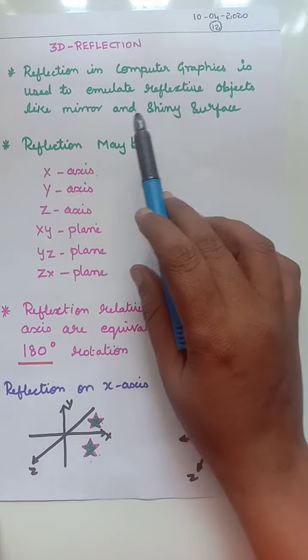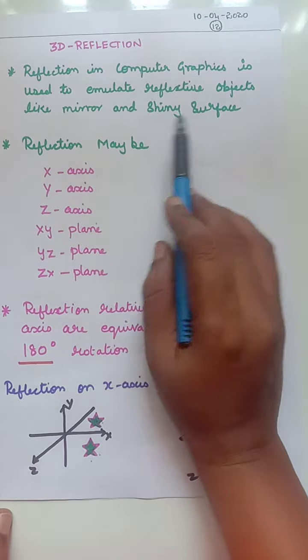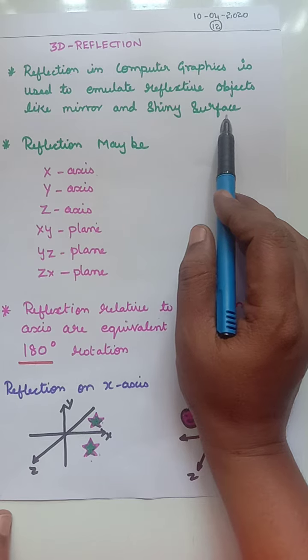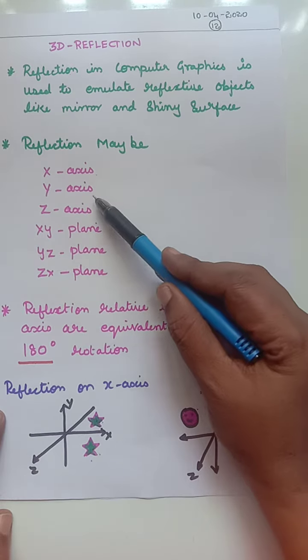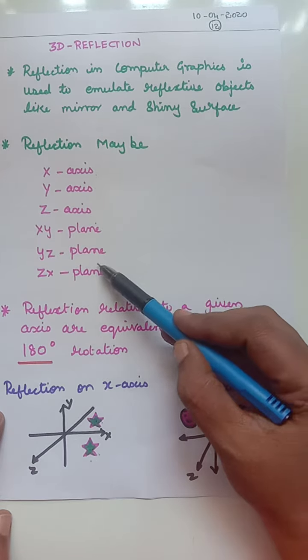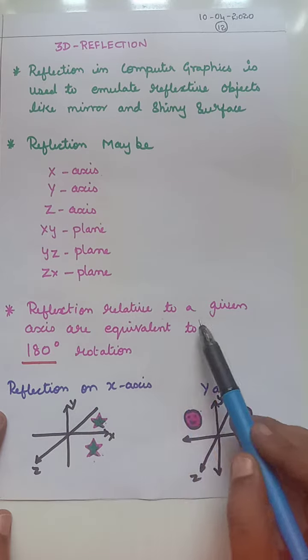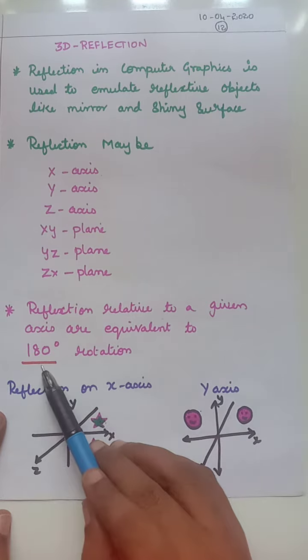Reflection in computer graphics is used to emulate reflective objects like mirrors and shining surfaces. There are a number of types of reflections: x-axis, y-axis and z-axis reflection. Even plane reflection is also done. That is xy plane reflection, yz plane reflection and zx plane reflection. So the reflection relative to a given axis is equivalent to what? A 180 degree rotation.